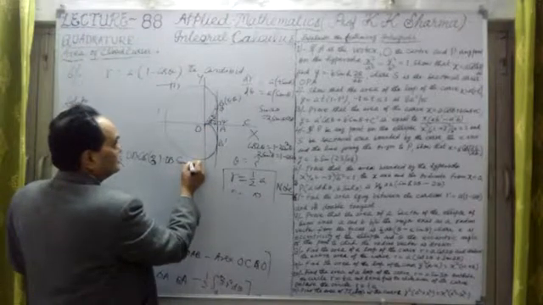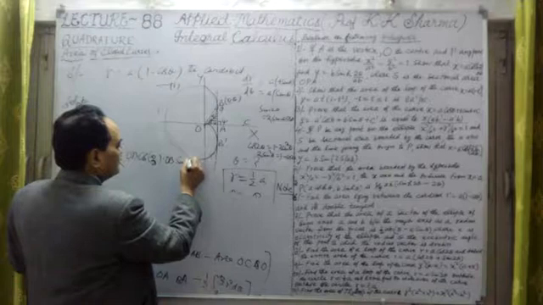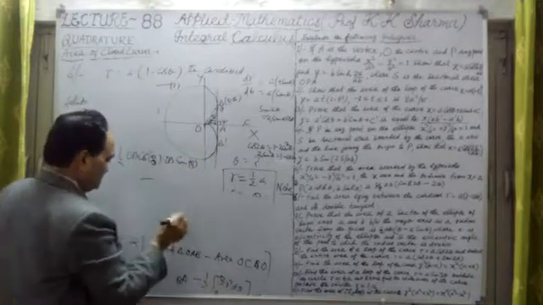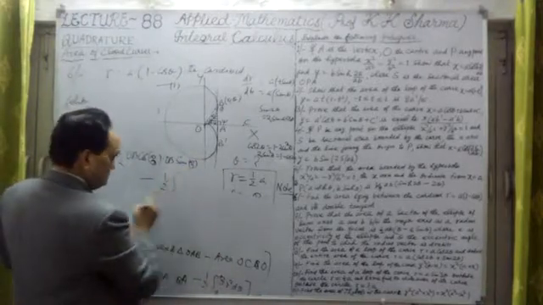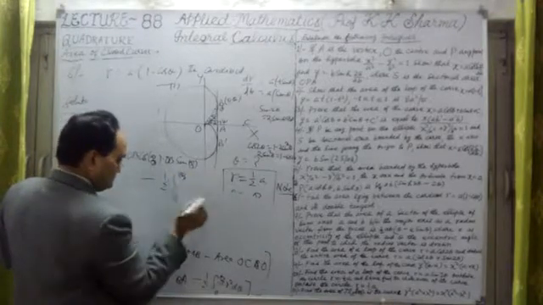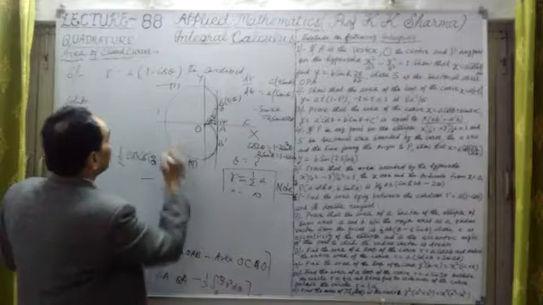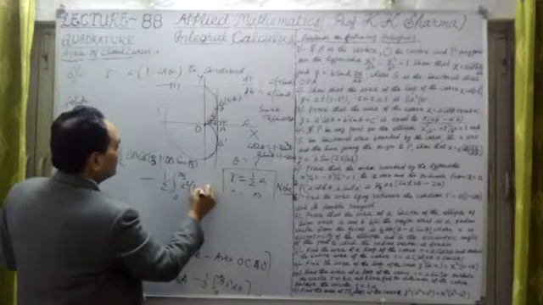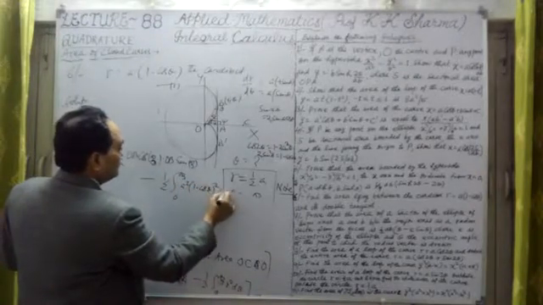OB into sine 60 degree or pi by 3 angle, minus sine half, 0 to pi by 3. This is r square. R square is that value, that means a square into 1 minus cos theta whole square into d theta.